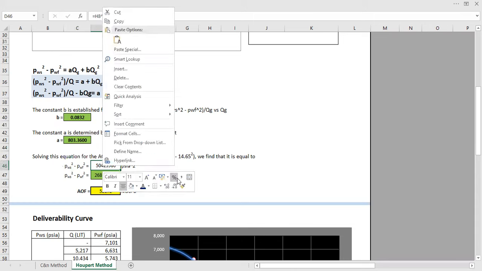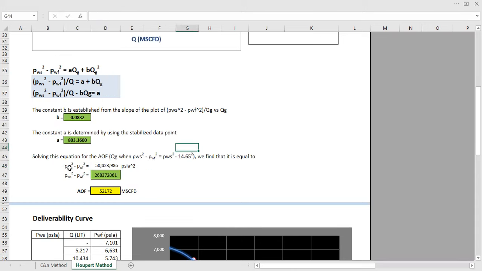Okay. And this one is PWS squared minus PWF squared, but the PWF is 14.65 because it's the absolute open flow condition.